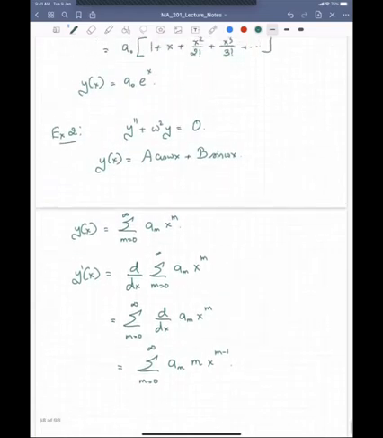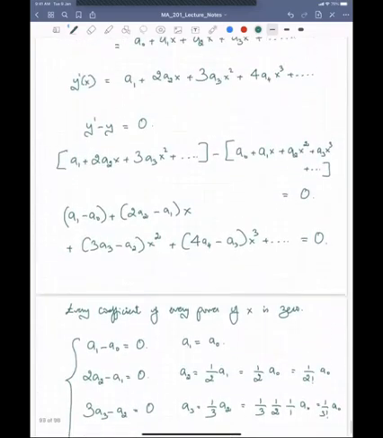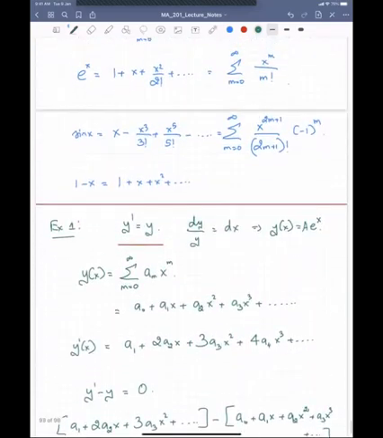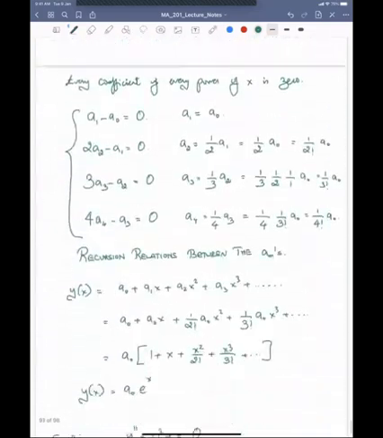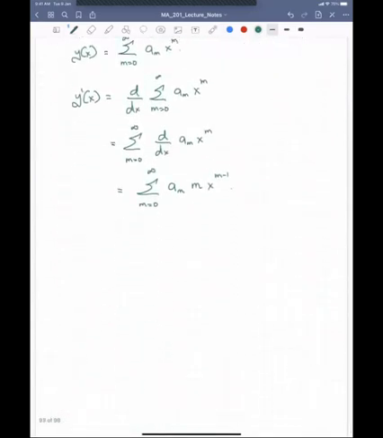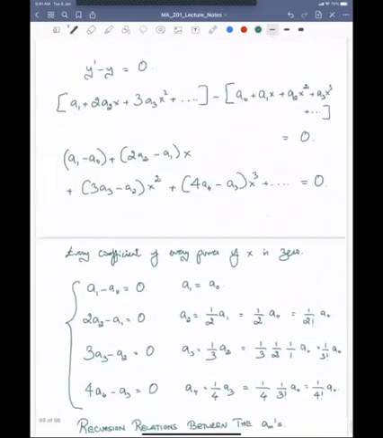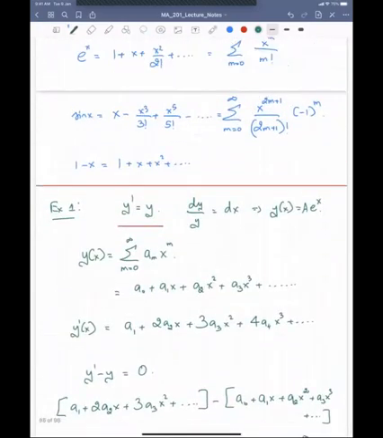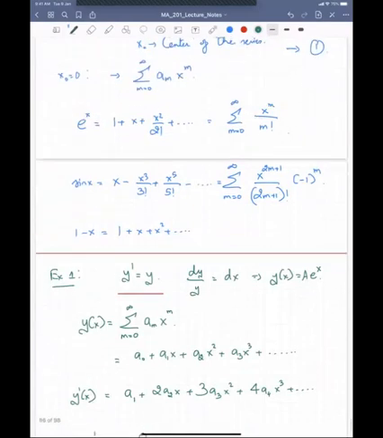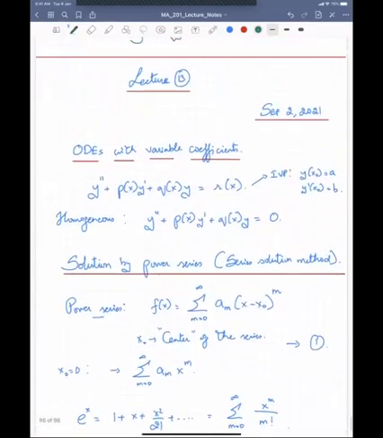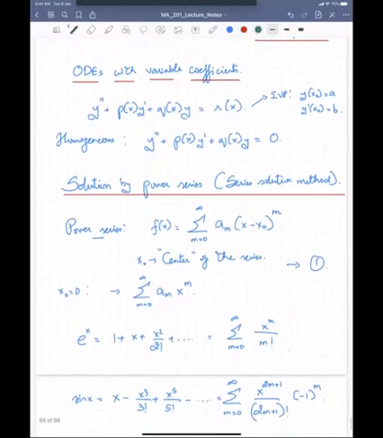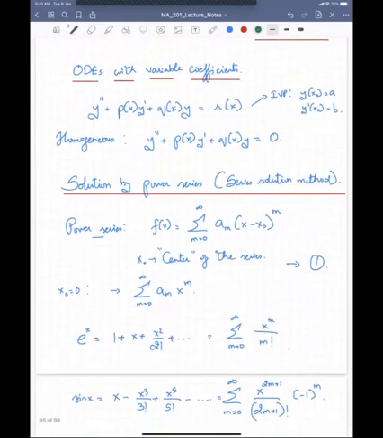Oh, by the way, I should tell you one quick thing before we move on. I'm also assuming here that I'm not looking at any fractional powers of x. When I look at a power series, I can also look at fractional powers of x or inverse powers of x. When I claim that I'm solving using a power series method, I'm actually claiming that m is a positive integer.